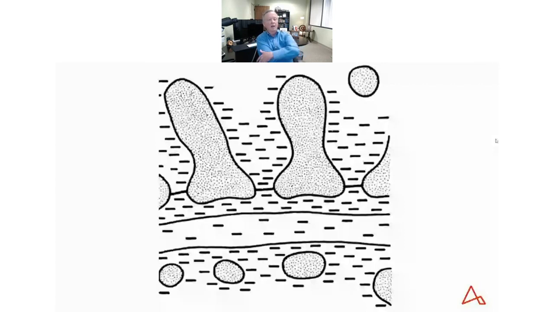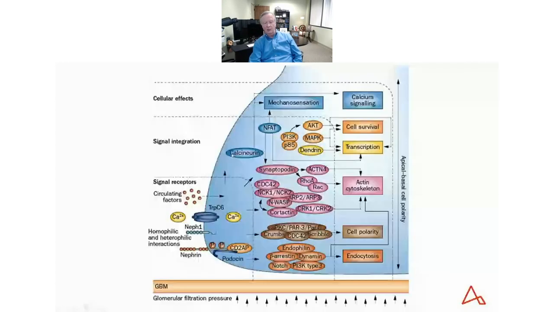This is what we all thought until the late 90s, that the glomerular base membrane with its podocyte slit diaphragm, the endothelial cells, was nothing more than a physical gate or fence. That's all it was, with a negative charge. All those little black lines are negative charges. Well, about 1998, things started to change, and this is a relatively recent diagram of what the podocyte contains, what's going on in here.